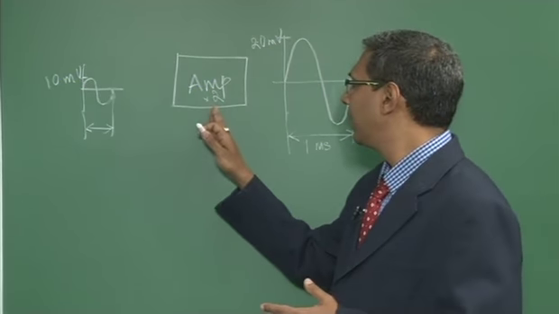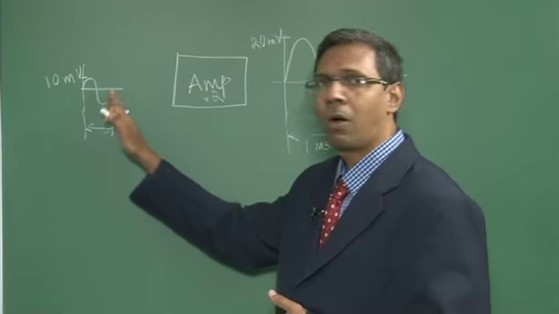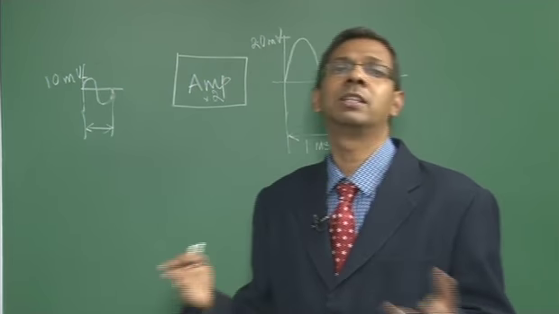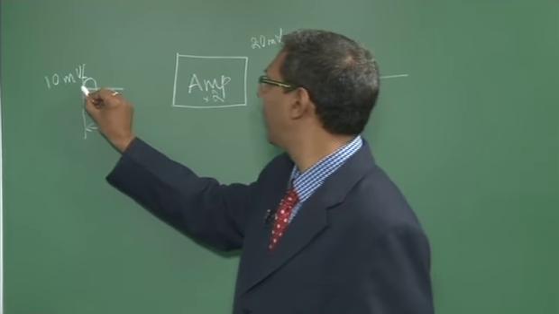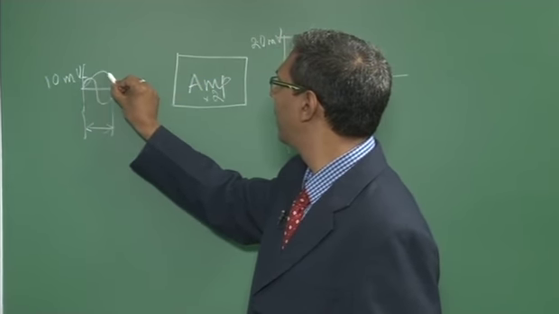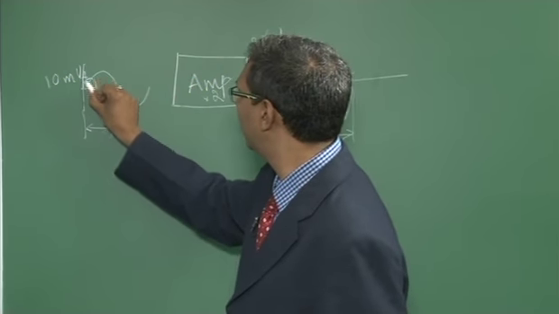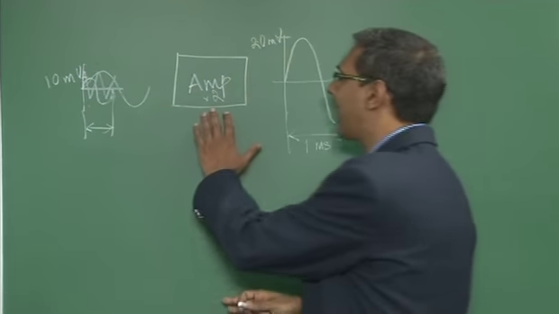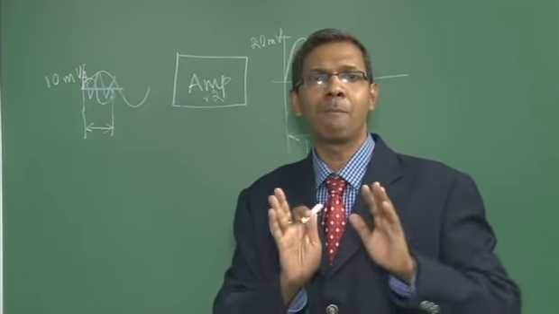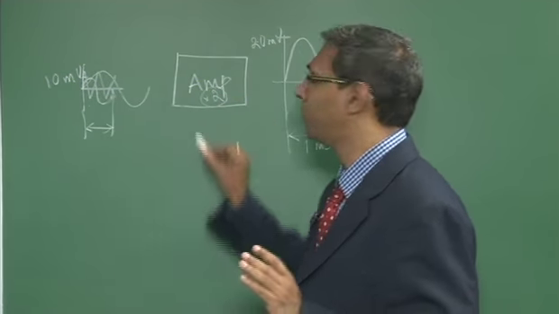Now whenever I want to amplify, I will be giving signals of various voltages and various frequencies. One signal could be of this type, another signal could have a different frequency and a different amplitude altogether. Another one need not be sinusoidal, it could be triangular. For all these signals, this amplifier should amplify with the same factor, multiplied by 2.